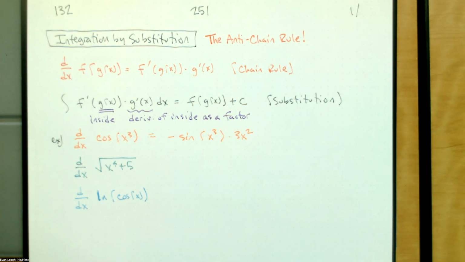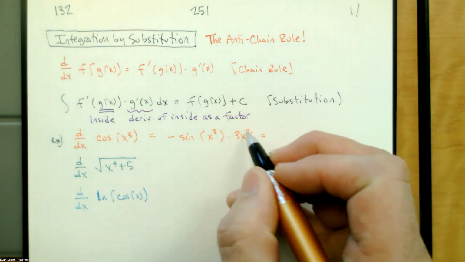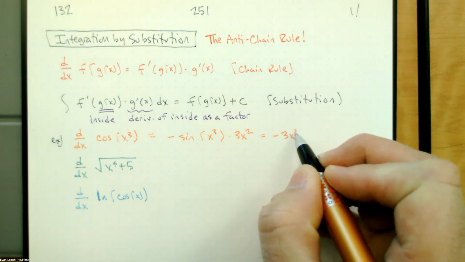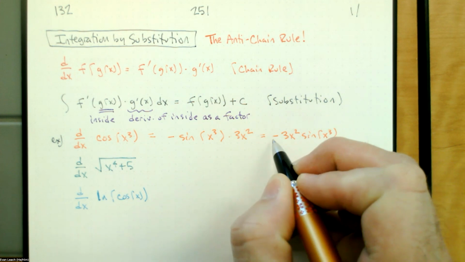We're always using the chain rule because the next step would just be the derivative of the inside, which is the derivative of x, which is 1. That's, of course, not how we would write this. We would hate to have the monomial hanging out at the back, so we'll have minus 3x squared sine of x cubed.